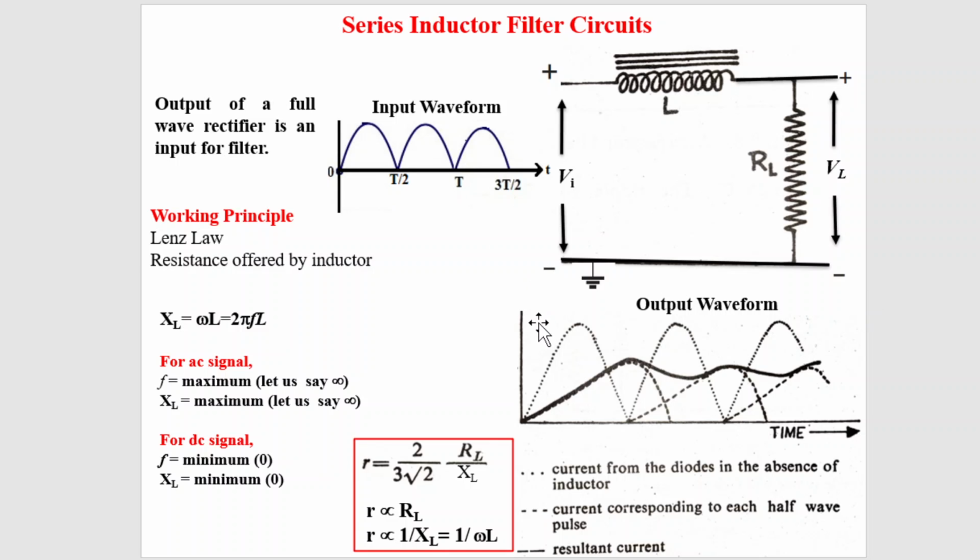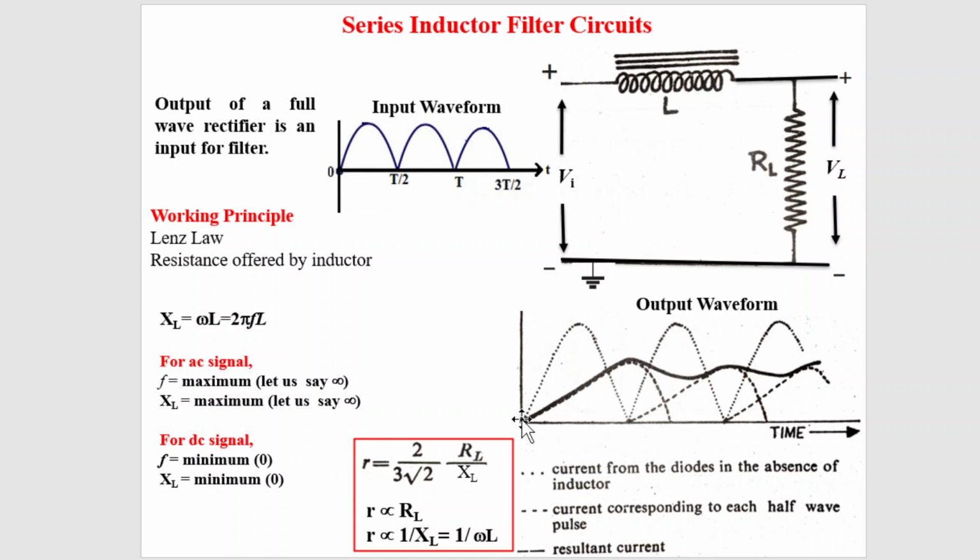Here, this is the input signal and this is the output signal. The circular dotted line is the input signal, the dash-dotted line is the induced EMF generated in the inductor, and the solid line is the actual output we are getting from the load resistance.